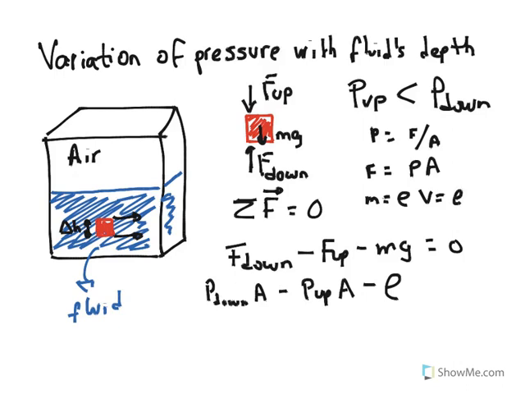So this is density times the difference of height times transverse area, times gravity, of course, and this has to be equal to 0.